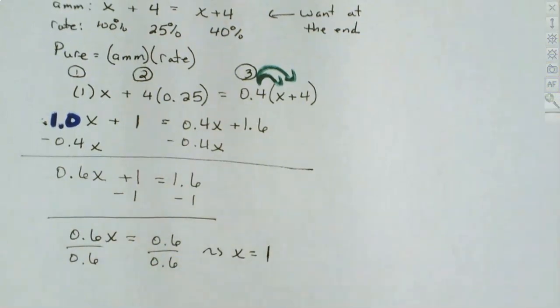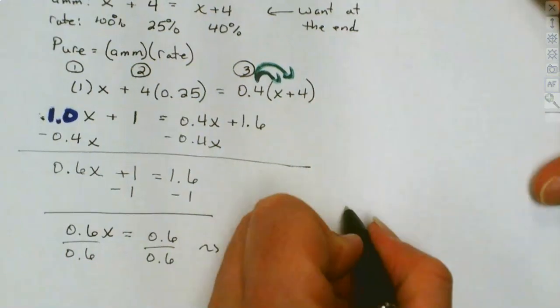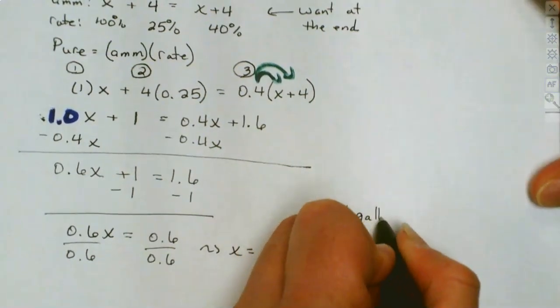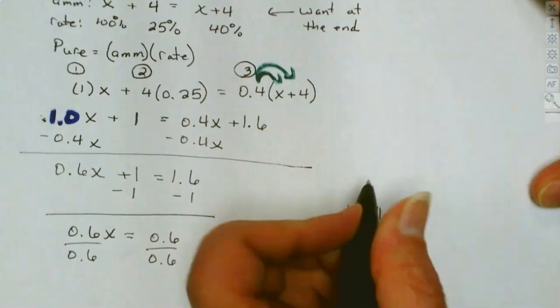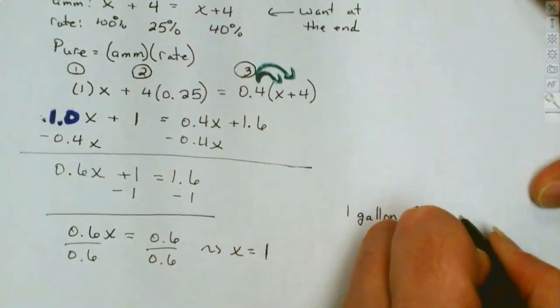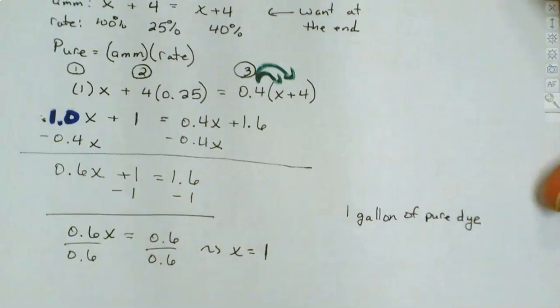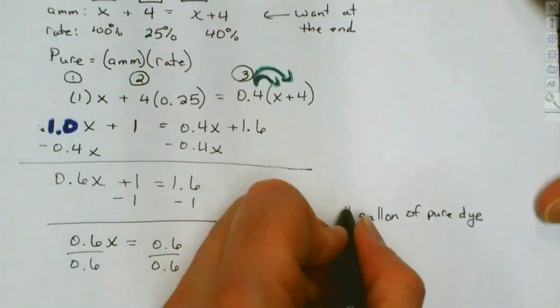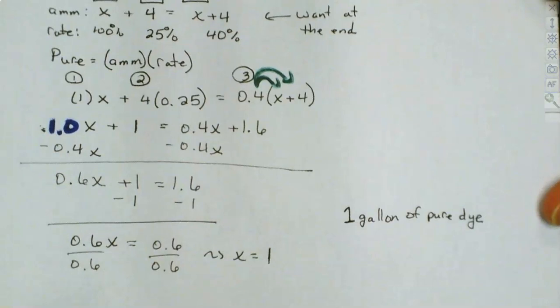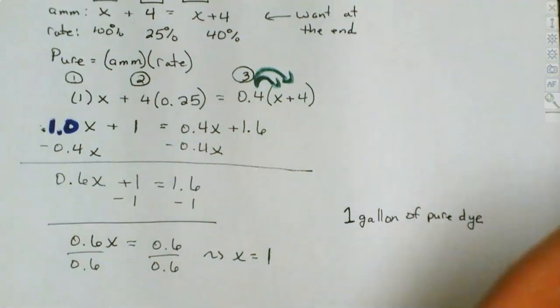And that is what we want. We want to know how many gallons of pure dye we need. So in this case, we need 1 gallon of pure dye, or 100%. So we need 1 gallon of pure dye, or 100%.